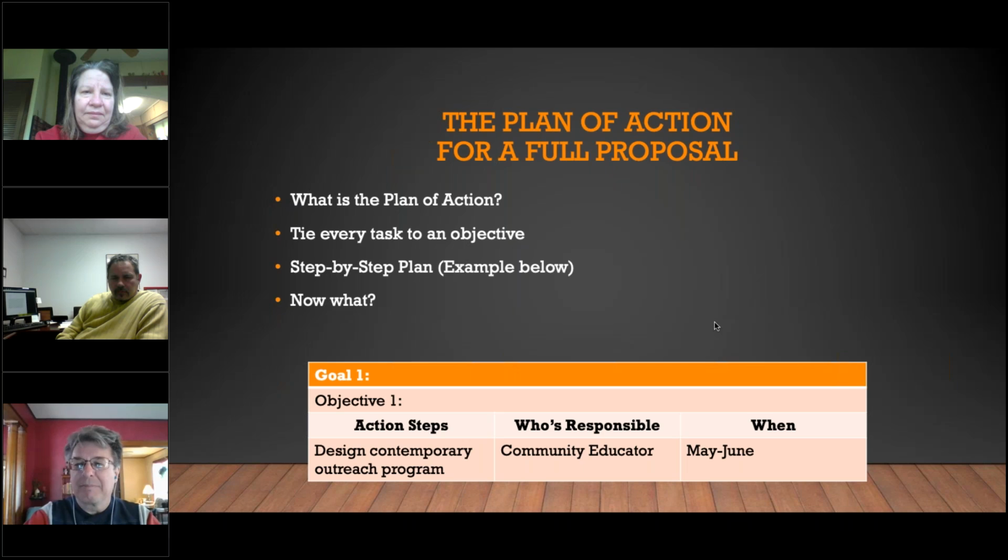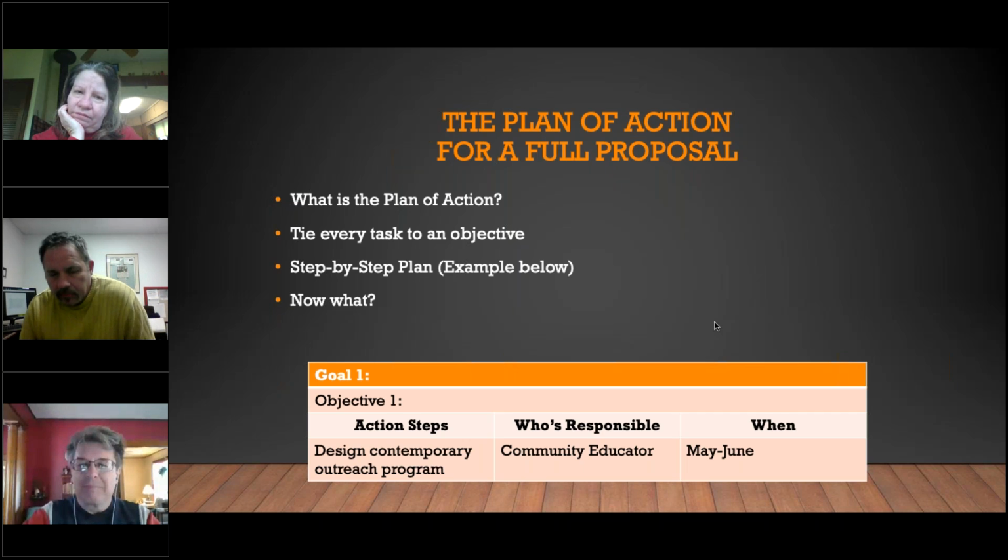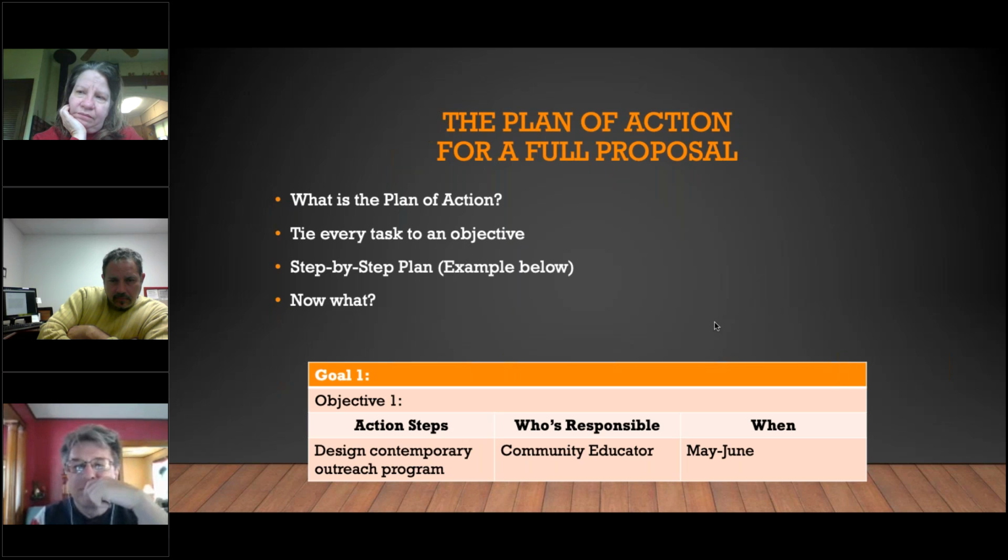After you've listed every task you can think of, then pass your worksheet around the office or your organization or the group of people that's writing the grant or that's working together on the grant. Have people take a look at it and list any additional ideas about what has to happen to accomplish this objective. Getting others to participate in this process also facilitates buy-in.